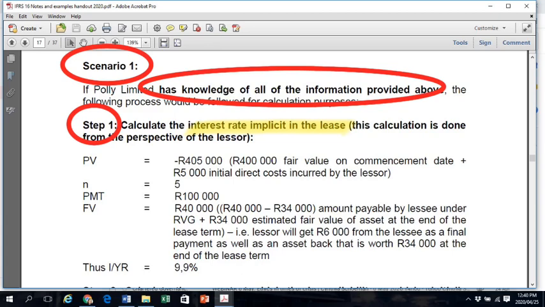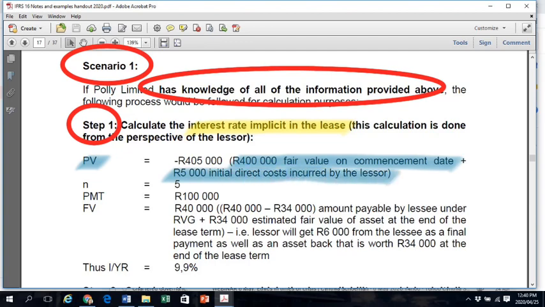Your present value variable represents the total amount that the lessor wants to finance through this lease agreement. It constitutes the R400,000 fair value of the underlying asset at commencement date, plus any initial direct costs incurred by the lessor.